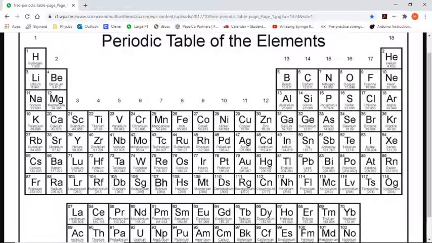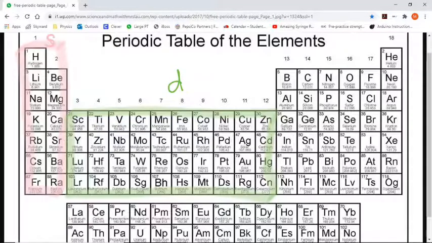So the first few things I'm going to look at are parts that you should already be aware of. We know that this is the S block, so I will label that up above it. So S block here. And in the middle, we have the D block, and we'll label that too as we go.